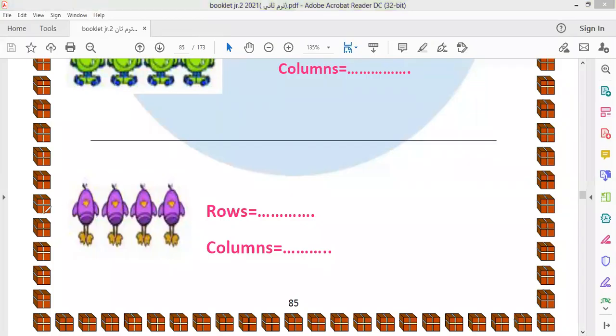How many rows here? We have only 1 row. And the number of columns? 1, 2, 3, and 4. So we have 4 columns.